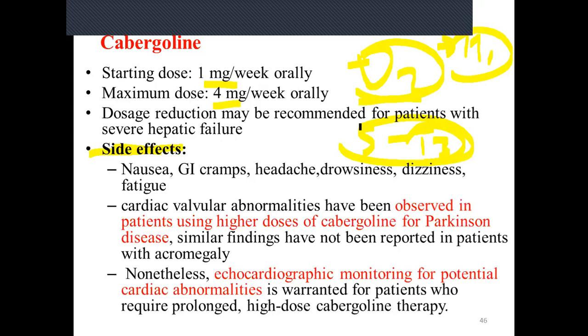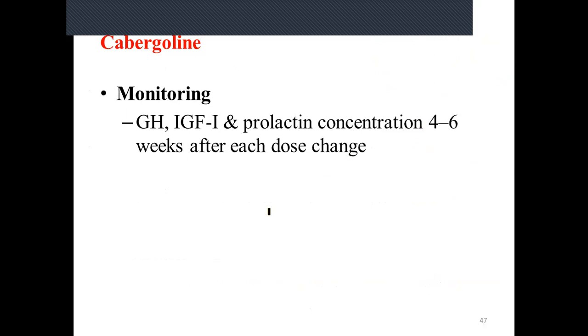That is why someone mentioned L-DOPA treatment in Parkinson's disease is responsible for causing nausea and vomiting. That is a major side effect of this class of drugs. Then cabergoline actually shows some kind of cardiac valvular abnormalities, so monitoring is usually recommended when a patient is taking it for a long period of time.